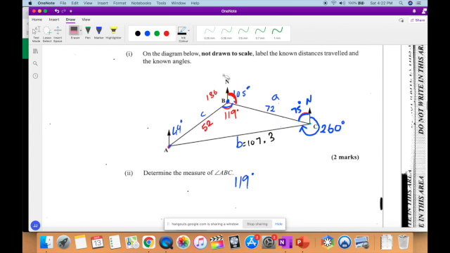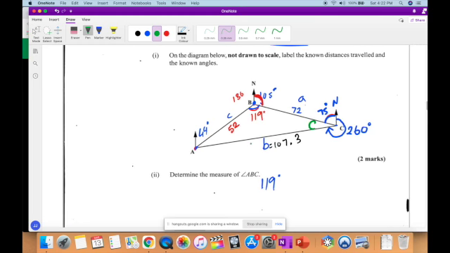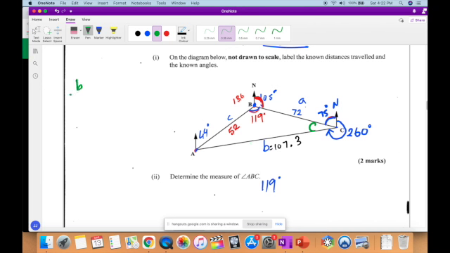I want to find angle C. This is angle C. I have the side C, I have the angle B, and I have the side B. So I could say that B over sine B is equal to C over sine C, and this is what I want to find. So I have the angle C and the side C, I have the angle B and the side B. So now we could say the side B is 107.3 all over.